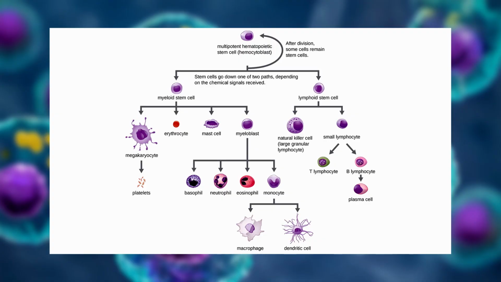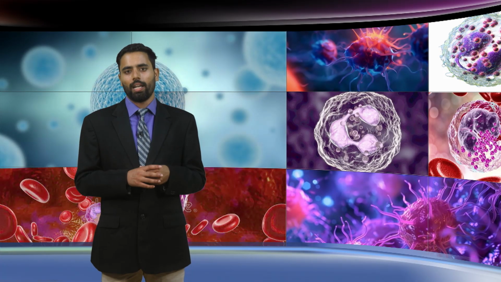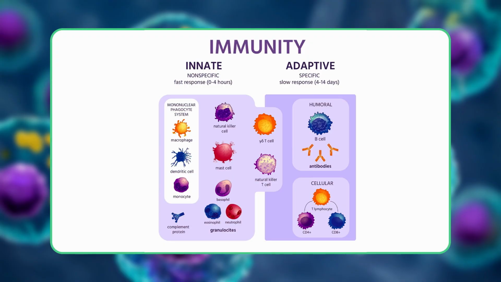The myeloid progenitor is the precursor of granulocytes, macrophages, dendritic cells and mast cells of the immune system. So, these cells can be broadly categorized into innate and adaptive immune cells. Innate immune cells like granulocytes, megakaryocytes, natural killers, dendritic cells and mast cells provide the first line of defense.